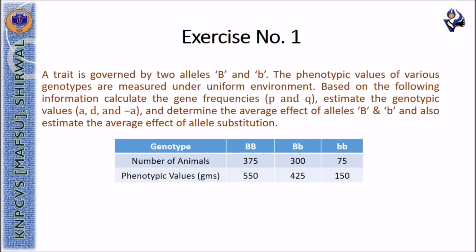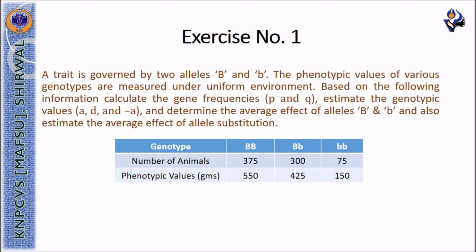Based on this talk, we have two exercises as your homework. The first problem states that a trait is governed by two alleles, dominant B and recessive b. The phenotypic values of various genotypes are measured under a uniform environment.